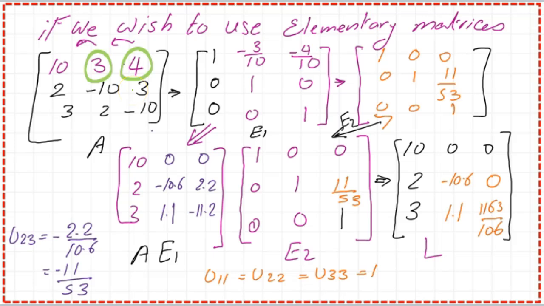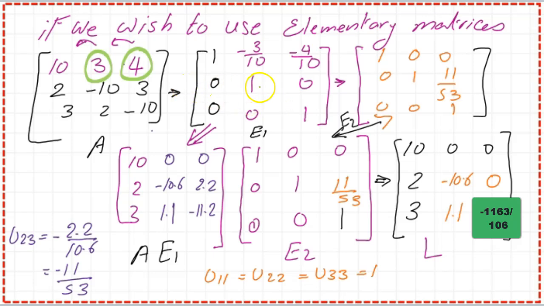First, we divide 3 over 10 and multiply by minus 1, we put it here, and 4 over 10 we multiply by minus 1, we put it here. So we have 1, minus 3 over 10, minus 4 over 10, while we keep the second row 0, 1, 0, and the third row as 0, 0, 1.